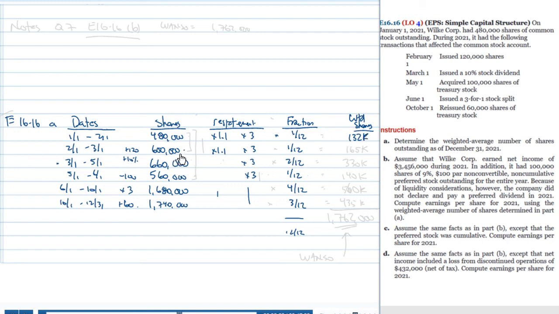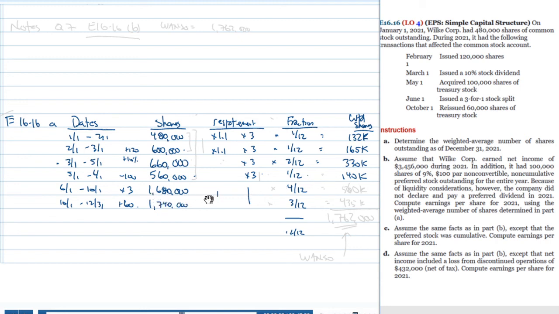Or 600,000 times 1.1 times 3, multiplied by 1/12, because that was 1 month's worth, 165K. 660,000 times 3 times 2/12 is 330,000. 560,000 times 3 times 1/12 is 140,000.